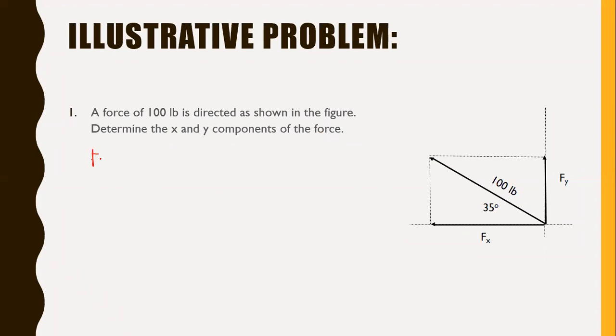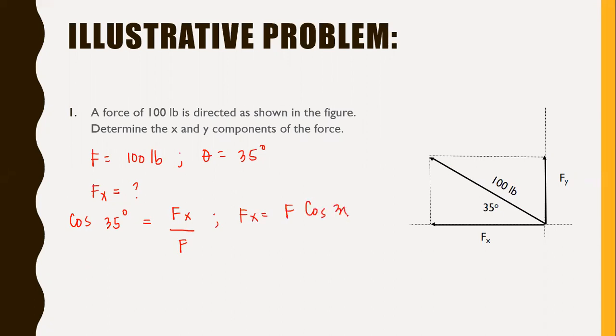Given F is equal to 100 pounds and the given theta is equal to 35 degrees. The requirement is to find your Fy and Fx. For Fx, we have cosine 35 degrees is equal to Fx over F, that is adjacent over the hypotenuse, where Fx is equal to F cosine 35 degrees.